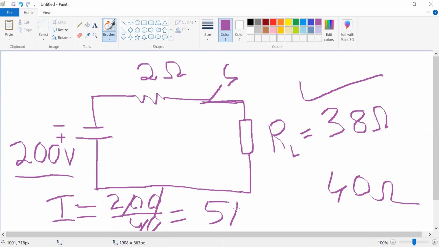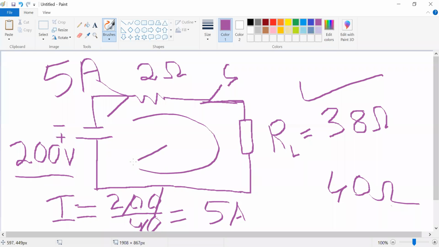So this loop carries 5 amperes of current.